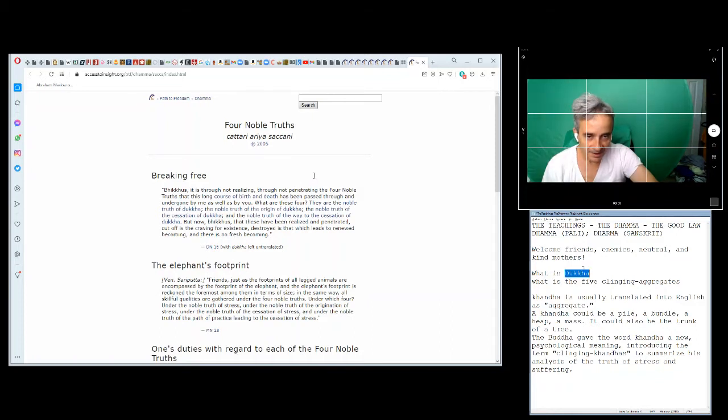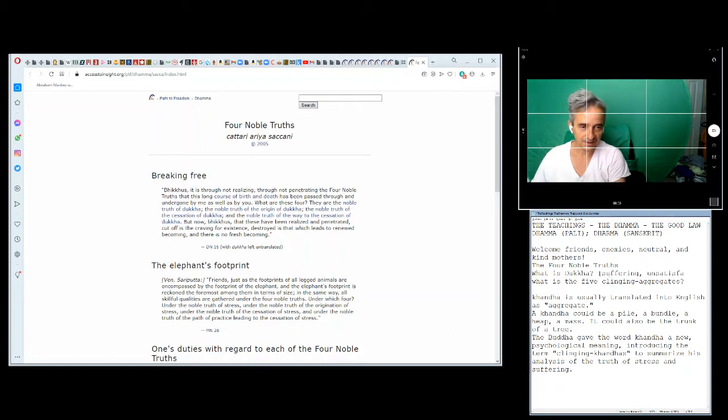Suffering, unsatisfactoriness, stress, etc. But in the sutras, or sutras means words of the Buddha or discourses of the Buddha, there is a definition given for dukkha.